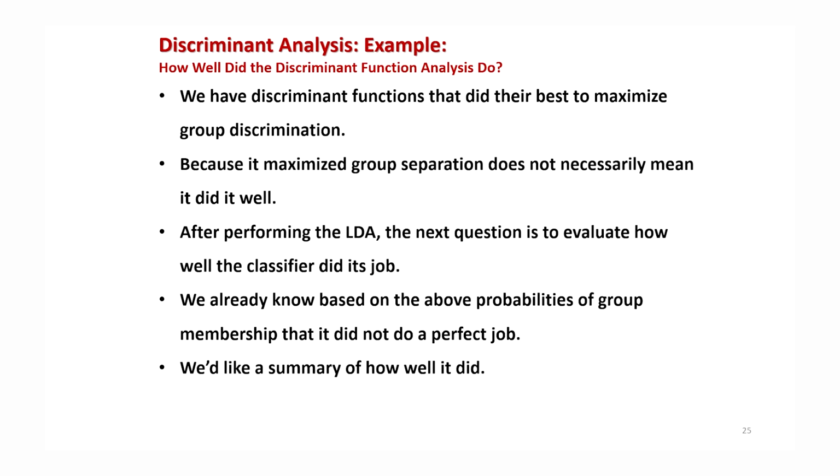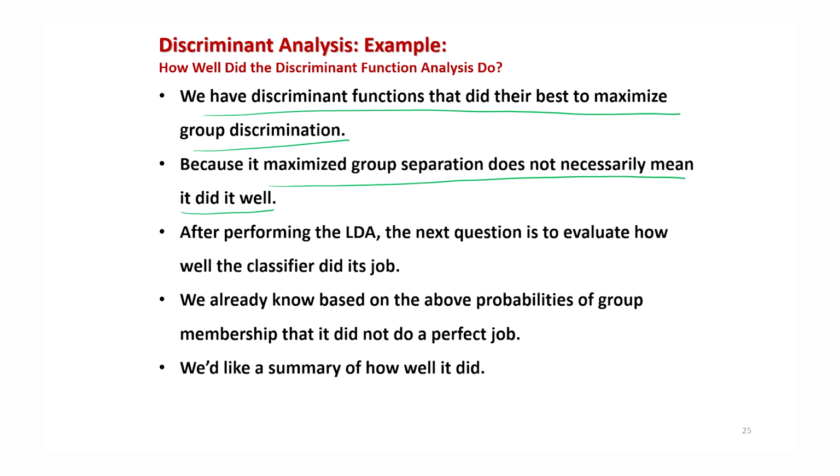So now we have to understand how well the discriminant function analysis did. We have a discriminant function that did its best to maximize the group discrimination. Because it maximized the group separation does not necessarily mean it did it well.